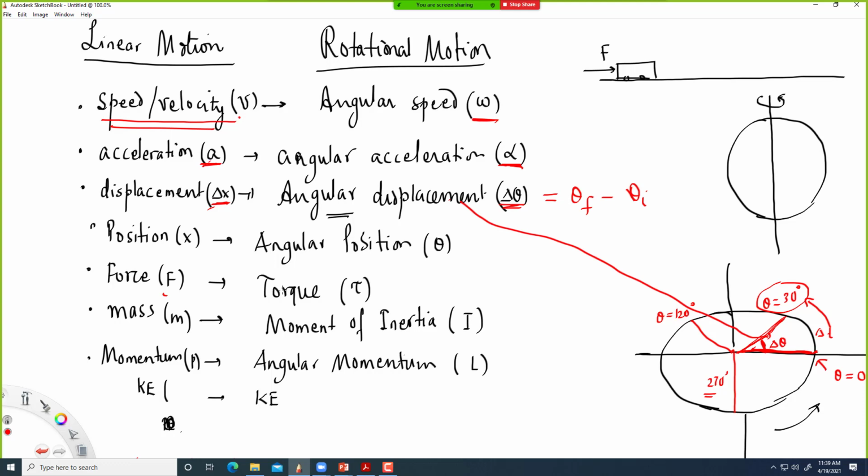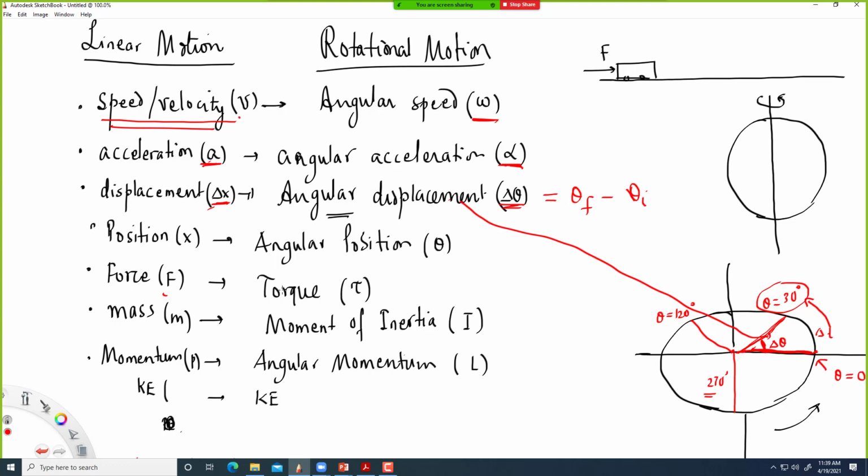So let's look at worksheet 19, or is it 18? Worksheet 18. So let's look at number 1. A circular object with radius of 20 centimeters rotates at a rate of 900 RPM.